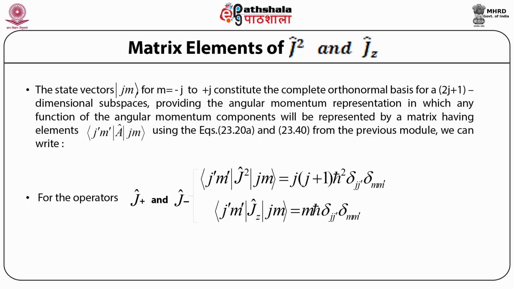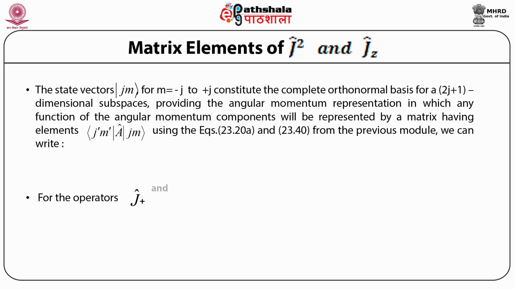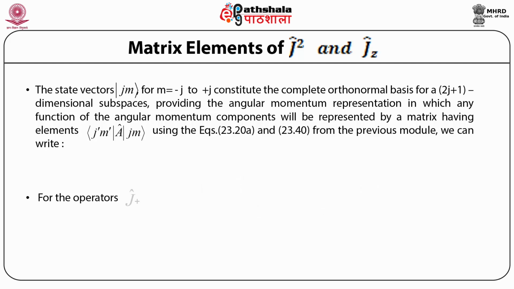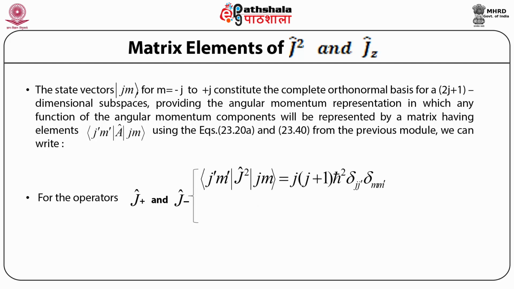Here delta j j' means that if j is not equal to j', then this delta goes to 0. Similarly, delta m m' means that if m is not equal to m', then this delta goes to 0.